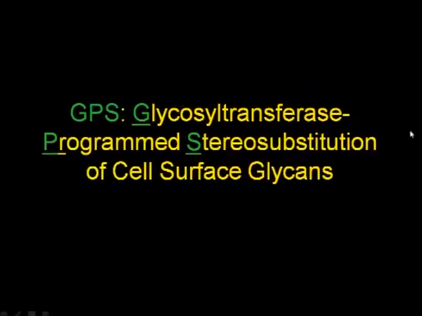So GPS stands for glycosyltransferase programmed stereosubstitution of cell surface glycans. It's a technology we developed in our laboratory to allow us to modify the surface of living cells without affecting cell viability or function.